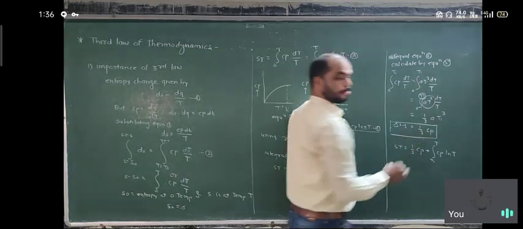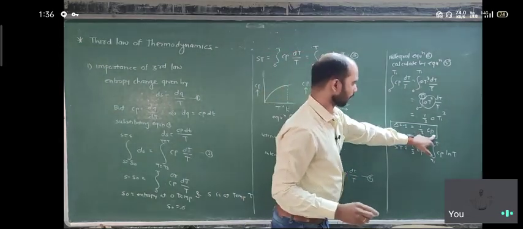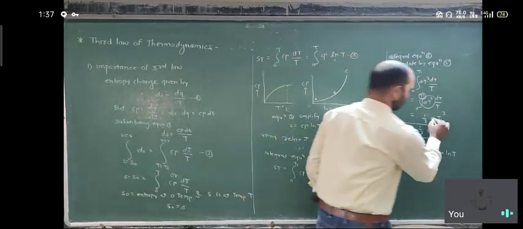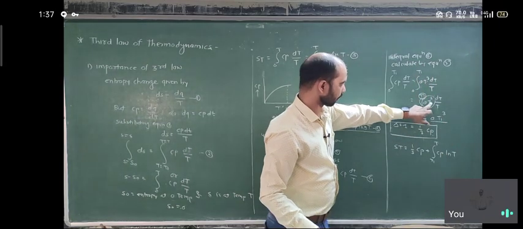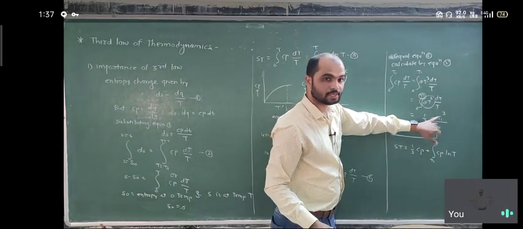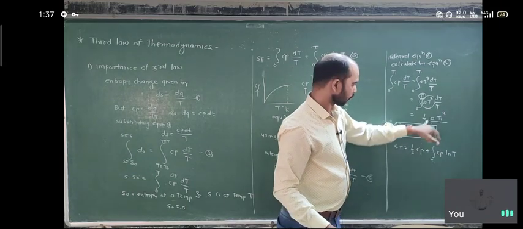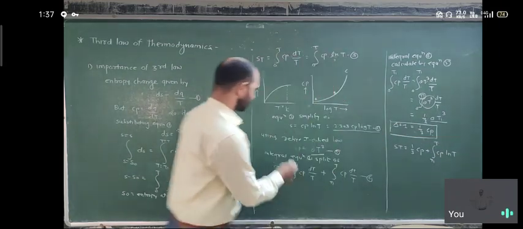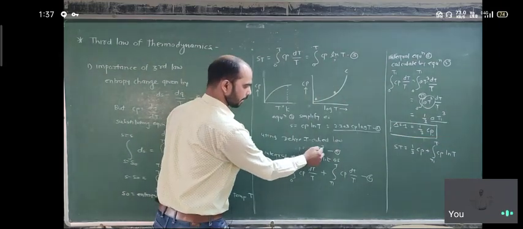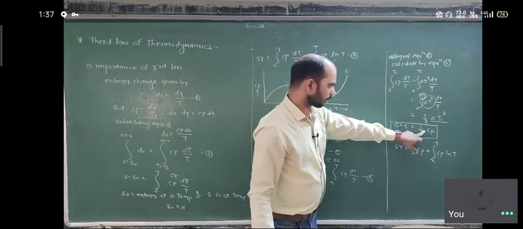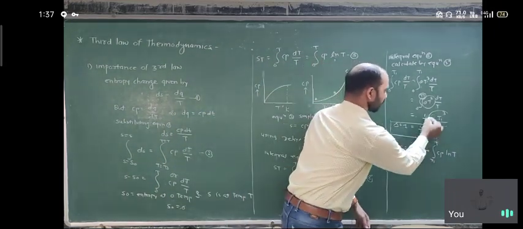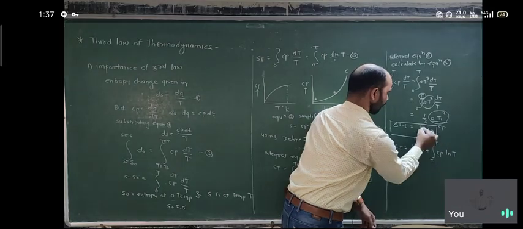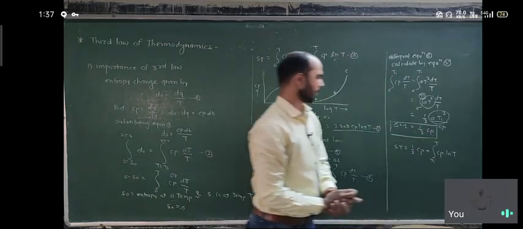Delta S1 is considered as 1/3 Cp. We already have the equation Cp is equal to A T cube, so here 1/3 Cp is the value.